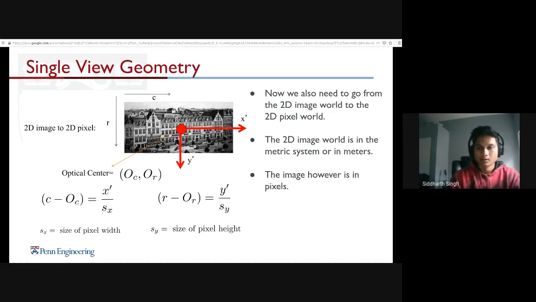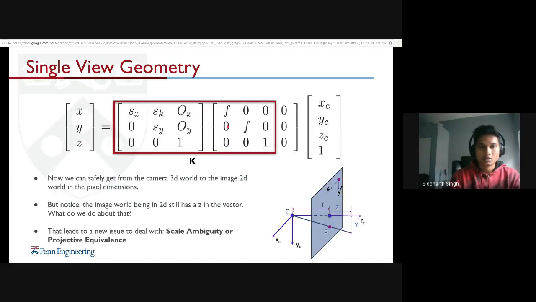Okay. So now if we place all of this together, we have Sx, Sy scaling, optical centers, and K is a distortion coefficient. We don't have to worry a lot about that. If the images are warped or skewed or distorted, it takes care of that.